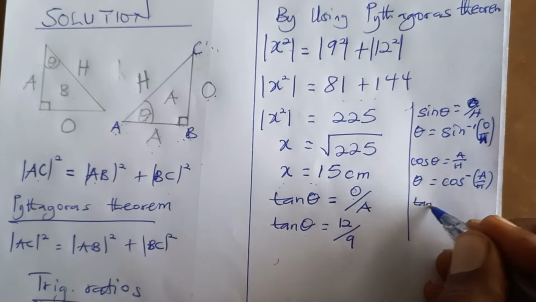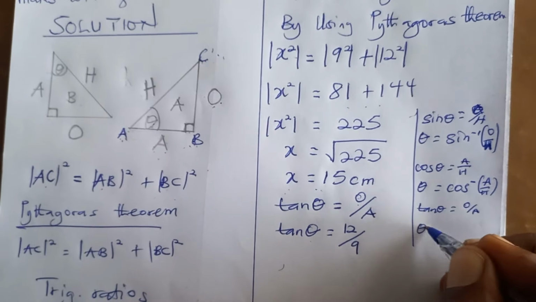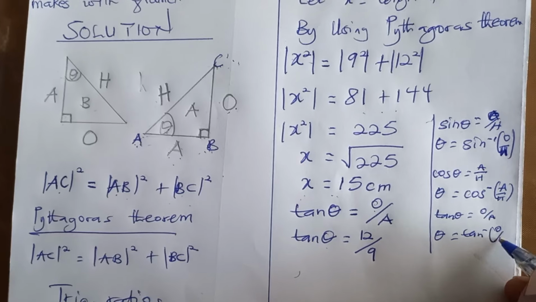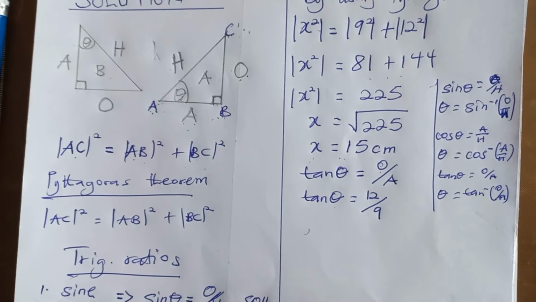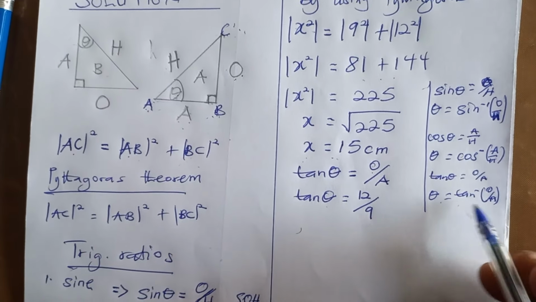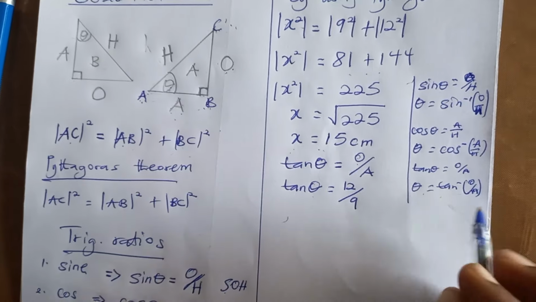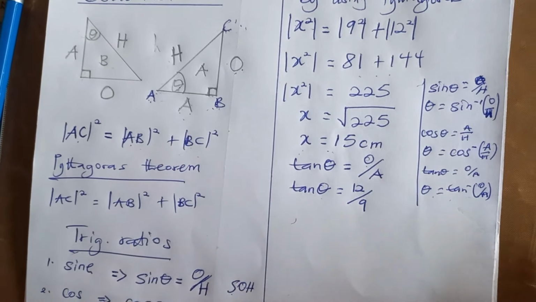Likewise, tan theta is O over A, so theta is equal to tan inverse of O over A. Don't forget that our letters here represent the terms that we are going to get.